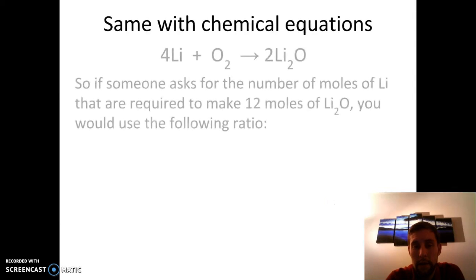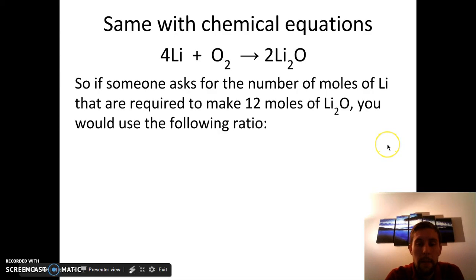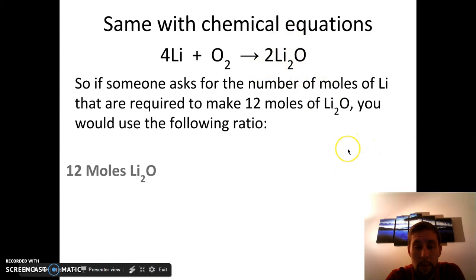Because now we can step it up soon. Alright, so one last one I think. If we ask someone the number of moles of lithium that are required to make 12 moles of lithium oxide, you can use the following ratio. 12 moles of lithium oxide is what you're given. You always start with what you're given.